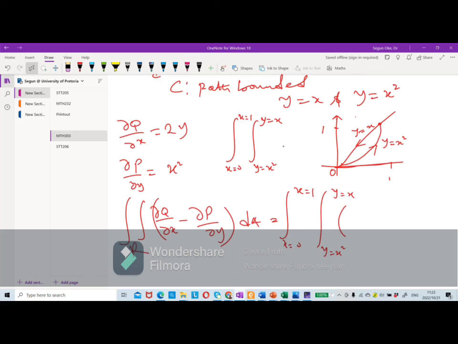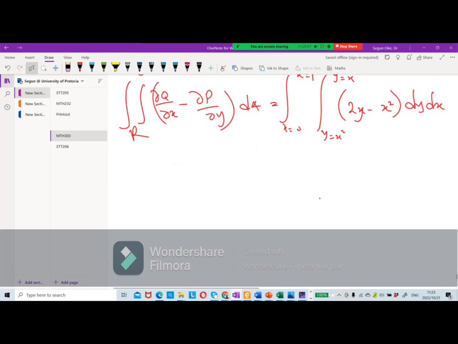Then what do you have here? 2x minus 2y minus x squared, dy dx. So what next? Go and solve it. When you solve it very well, you have 1/12.